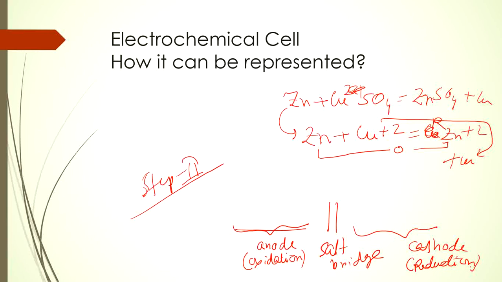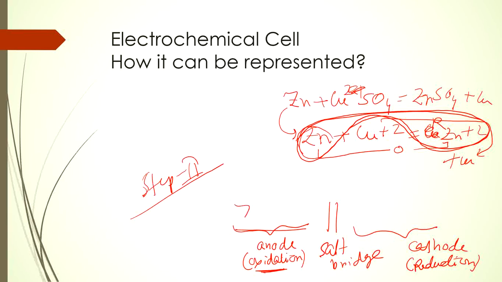Now in our example, what is the oxidation process? The oxidation process is that zinc is being converted to zinc 2 plus, right? So this is the oxidation process, and the left hand side is the oxidation. So we will represent the left hand side in such a manner that it looks like an oxidation process.